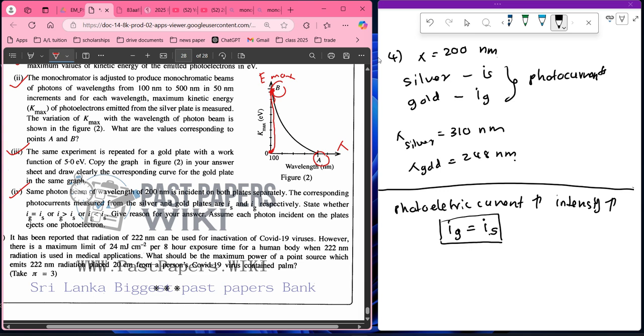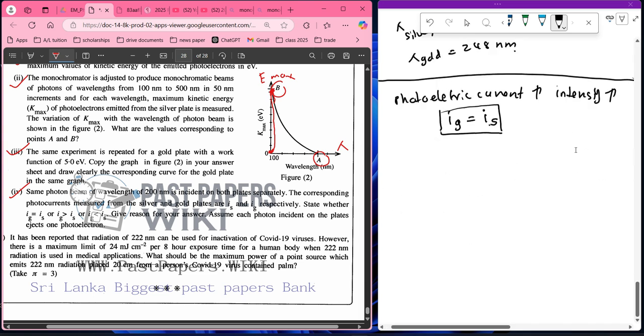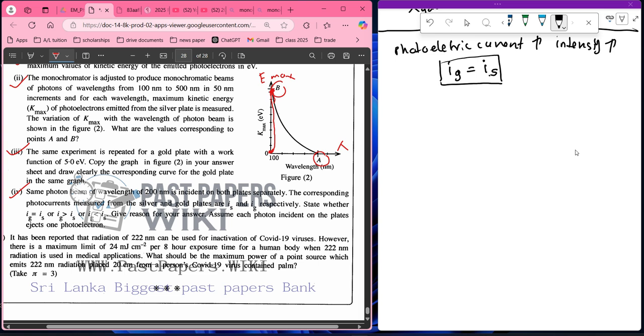The energy released from radiation without any harm during 8 hours, as in the question, is 24 millijoule cm to the minus 2. This can be written as 24 into 10 to the minus 3 joule cm to the minus 2.